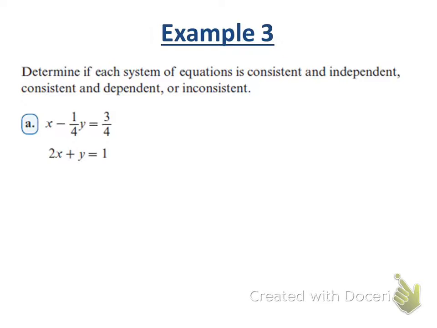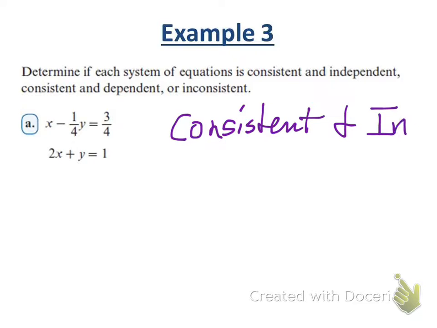So what do we come up with? Consistent and independent. So we're saying that it has one solution. How do we know that they have one solution? Because the slopes are different. So it's consistent and independent, meaning we have one solution.